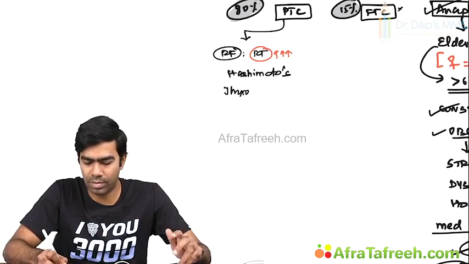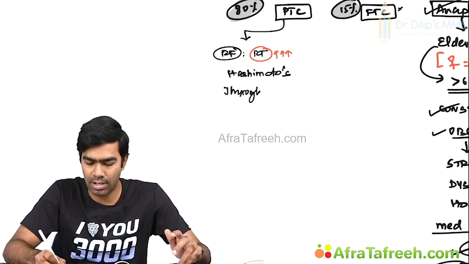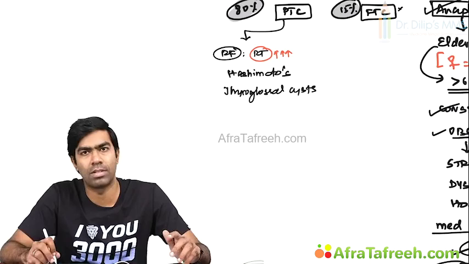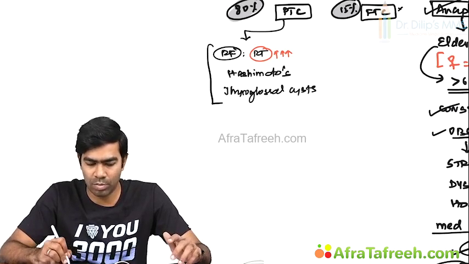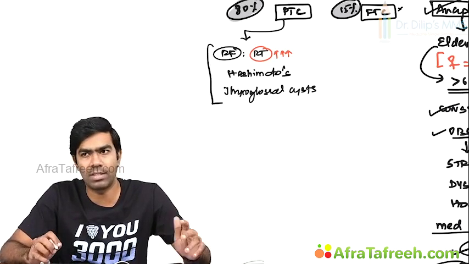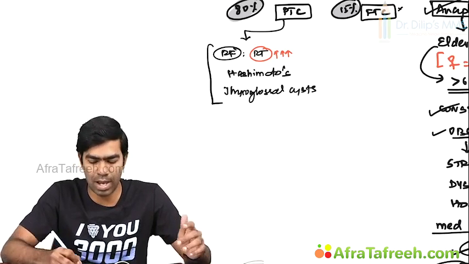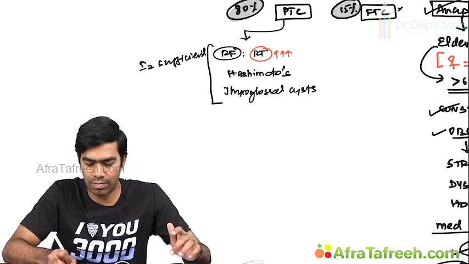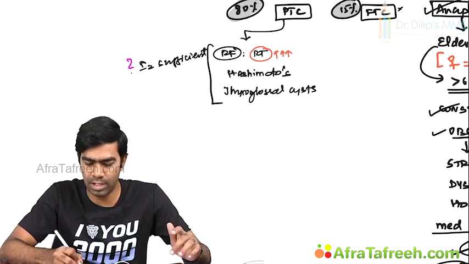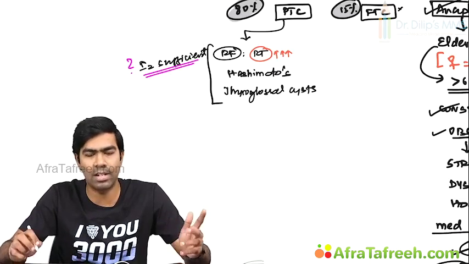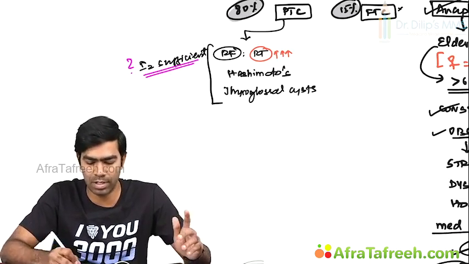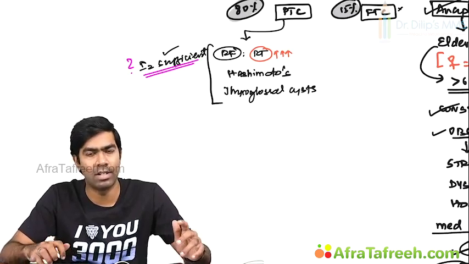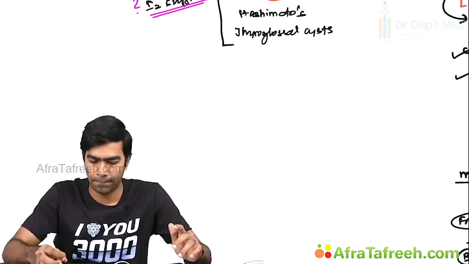And untreated thyroglossal cysts may also develop a PTC within themselves. But one interesting point is that PTCs generally tend to happen in iodine sufficient areas. Even though the validity of this point is heavily questioned, it is a traditional point given in older textbooks, which is why I'm telling you this.